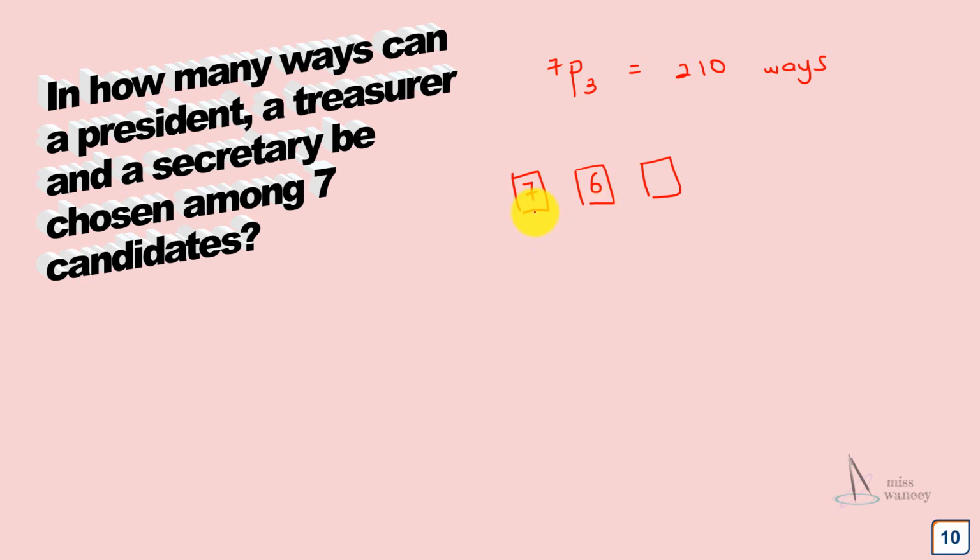And since one of them has become the president and one has become the treasurer, only 5 other choices remain for the secretary. So the number of ways will become 7 times 6 times 5, which is also 210 ways.